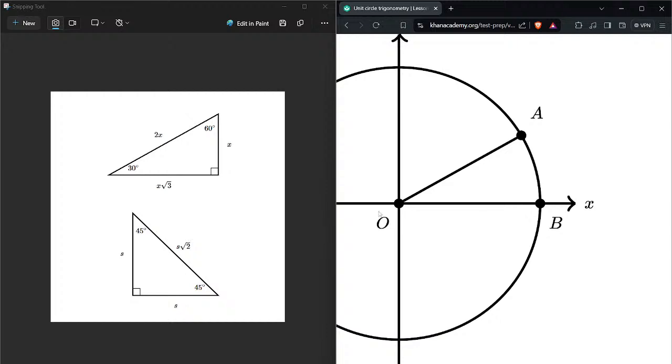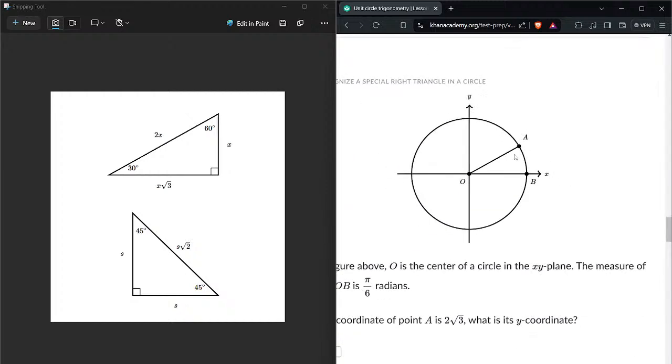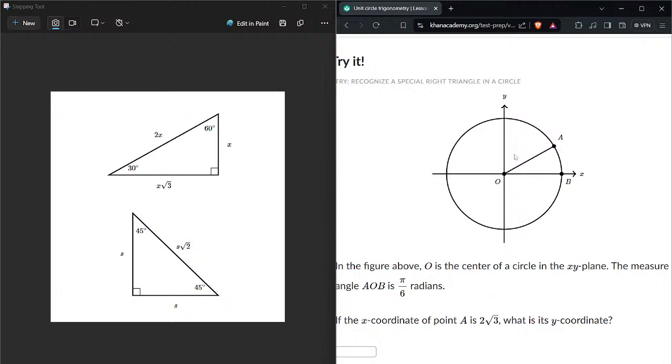I have 30, 60. So I have 60, we have 30. 30, 60. That's 2 root 3. So that's 2 root 3. Here's 2 root 3, right? Then it's 2, and then this is 4. Right? This is 2.